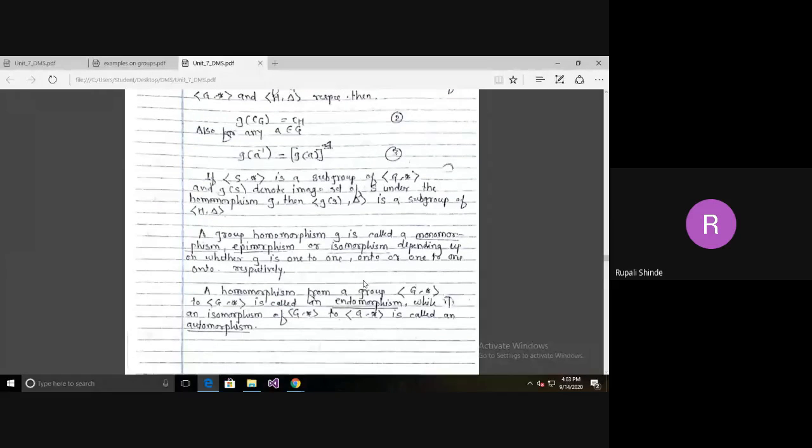Now next two definitions are for endomorphism and automorphism. So first one is for endomorphism. A homomorphism from group G star to G star is called as an endomorphism. So if you are going to define homomorphism from first group to second group, that is called as endomorphism. While an isomorphism of G star to G star means what?